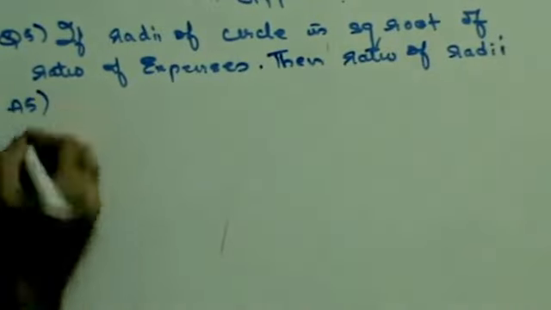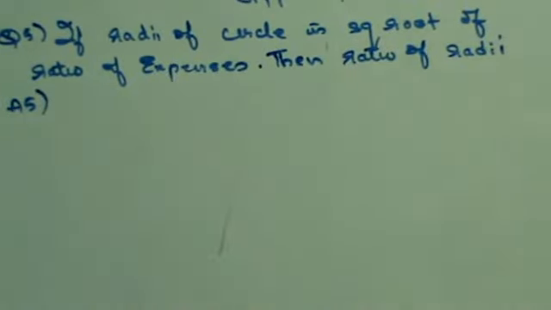Simple, straightforward, guys. They are saying that the radii of the circle are taken in the ratio. Radii of the circle is the square root of the ratio of the expenses.